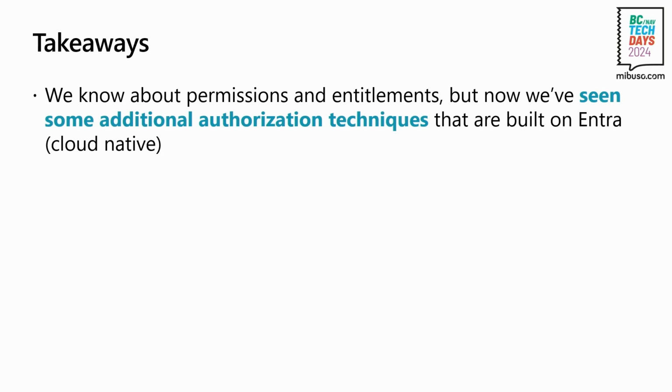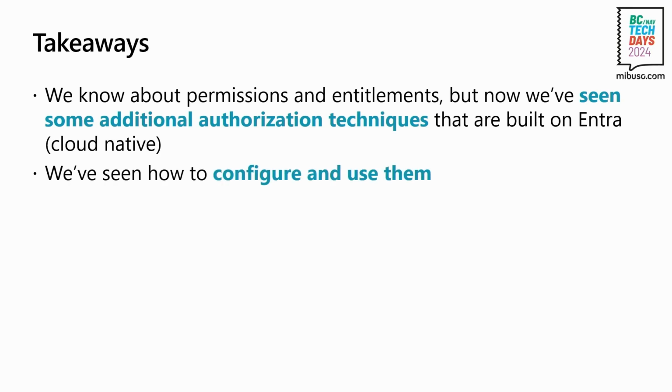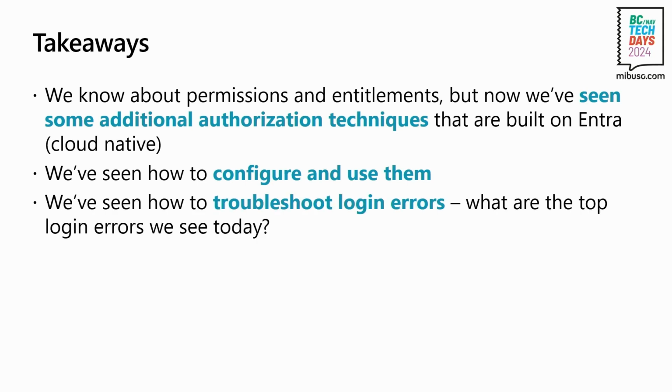And now we've seen a lot of additional techniques that are purely based out of Entra, which make this very, very cloud native. And it's a stepping stone to really unblocking a lot of scale and managing bigger customers and larger customers with different locations, et cetera. We've seen how you configure and use some of these techniques, and we also talked about how you could troubleshoot them.